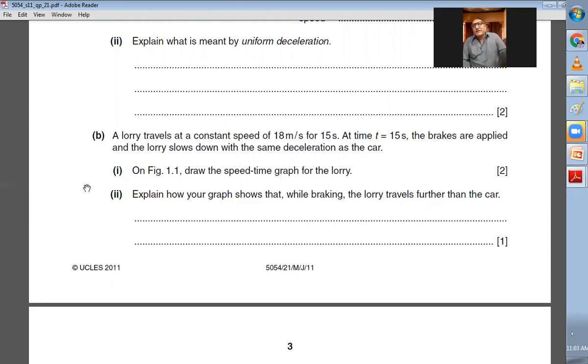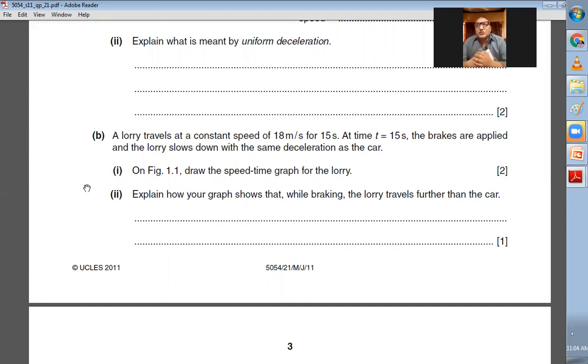So he's talking about another vehicle, another lorry, and its speed is 18 meters per second for the first 15 seconds, and then the brakes are applied, and the lorry slows down with the same deceleration as the car. He says whatever the deceleration was for that car, whose graph we already have, this lorry also has the same deceleration. So on figure 1.1, draw the speed time graph for the lorry.